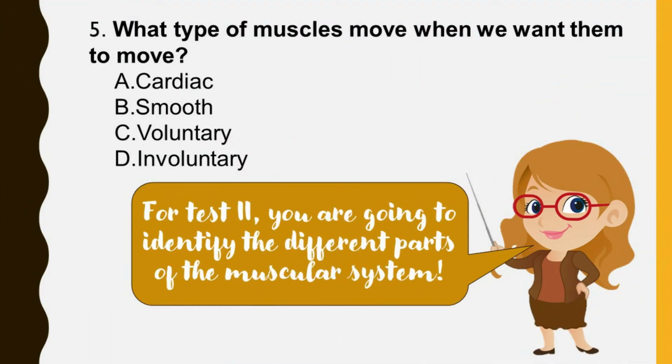Number 5. What type of muscles move when we want them to move? A. Cardiac. B. Smooth. C. Voluntary. D. Involuntary. For test 2 kids, you are going to identify the different parts of the muscular system.